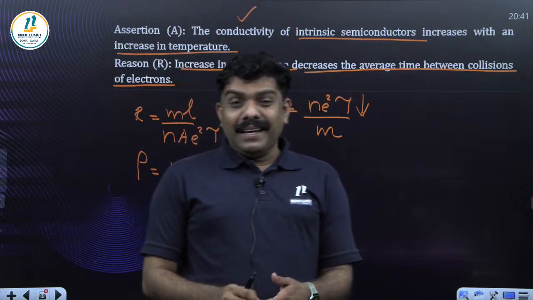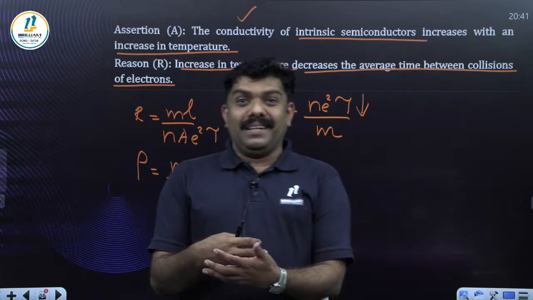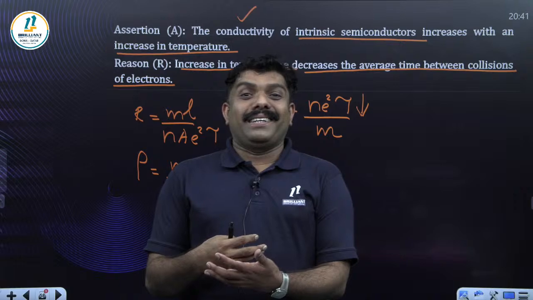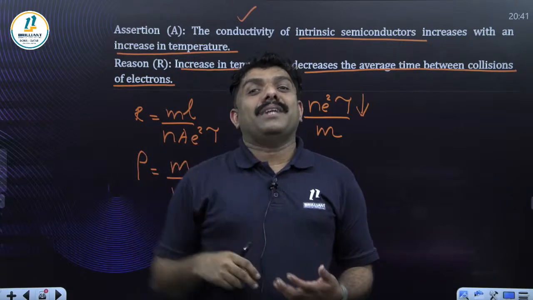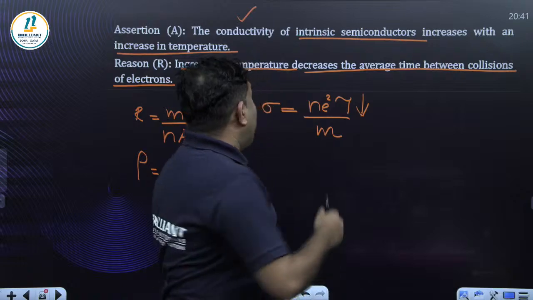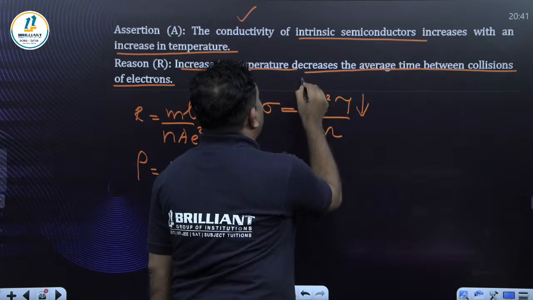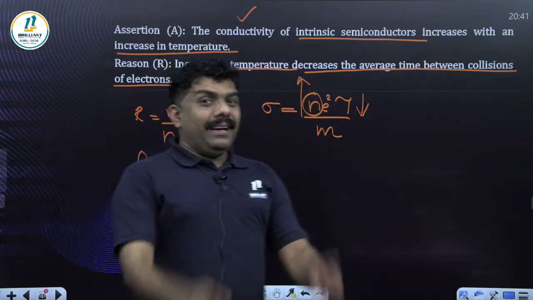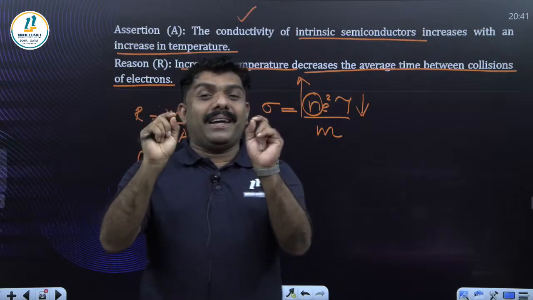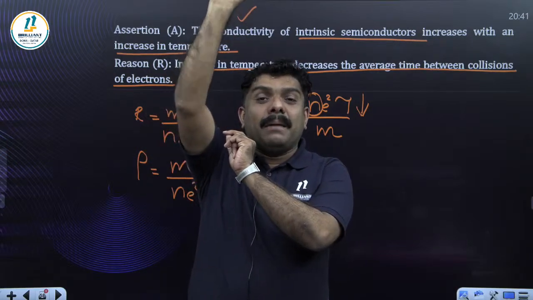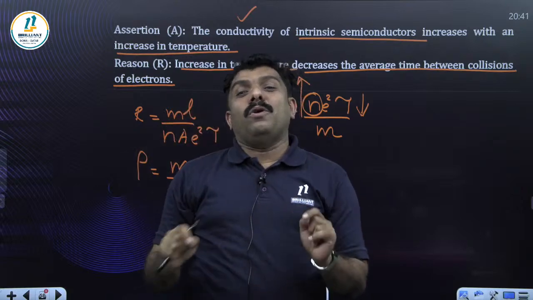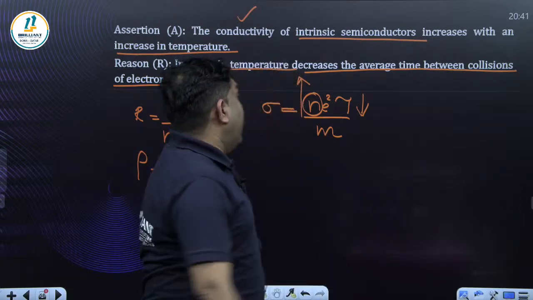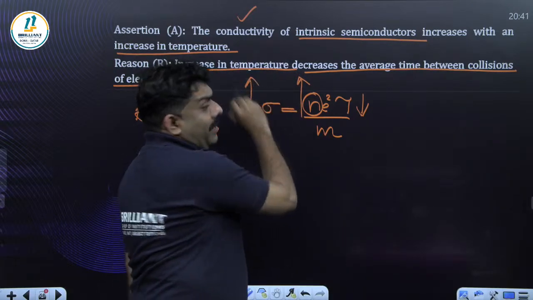The reason is that when we increase temperature in a semiconductor, electrons move from the valence band to the conduction band, so the number density of free electrons increases. And the increase in number density is more than the decrease in tau, so sigma increases.